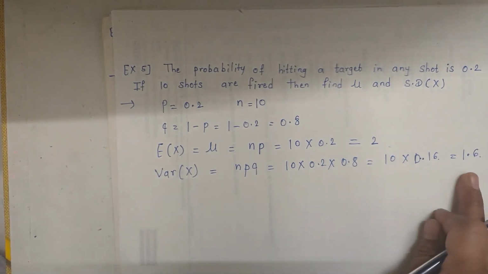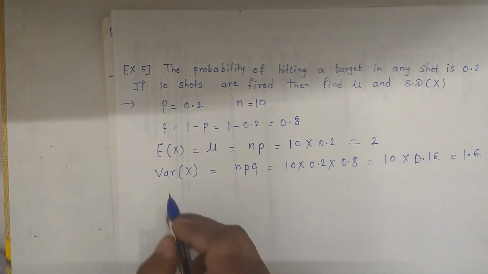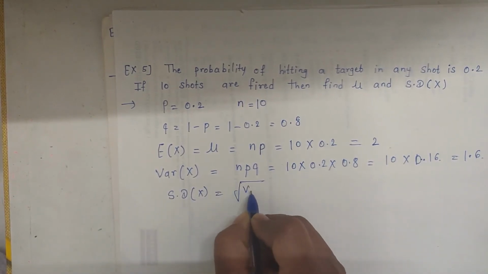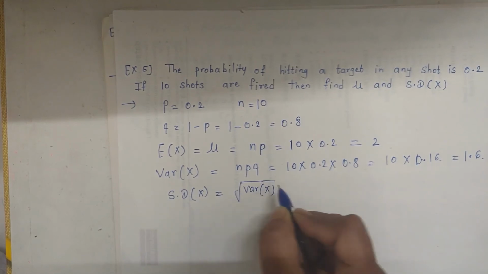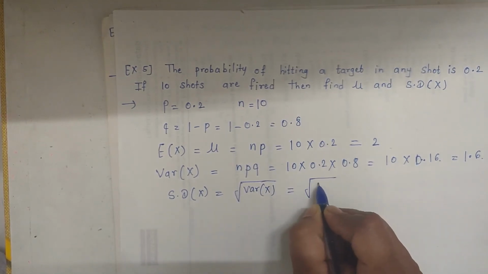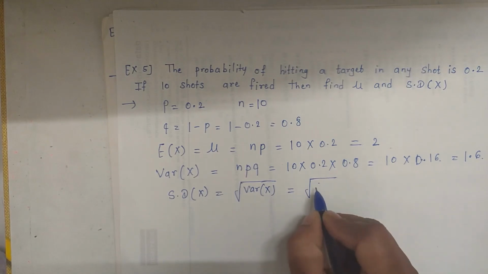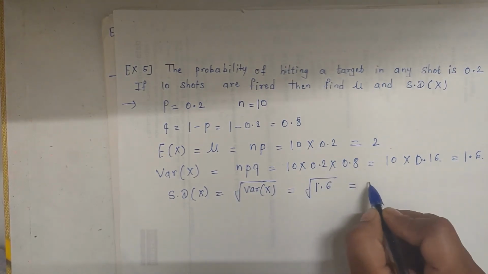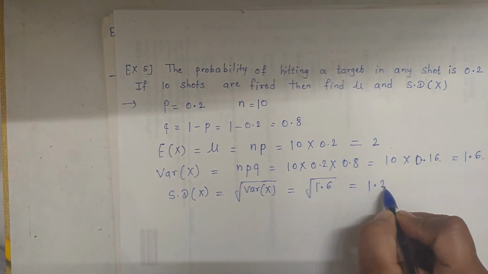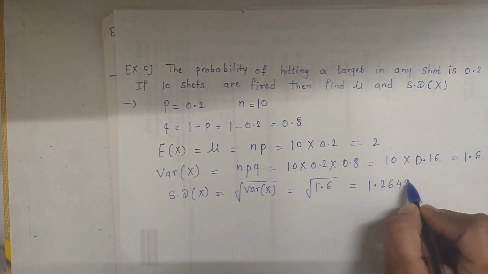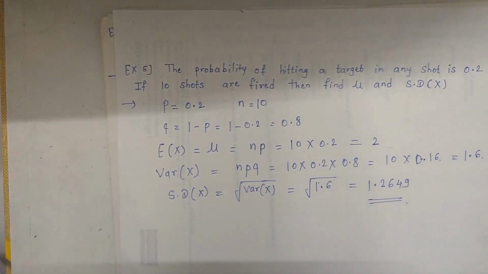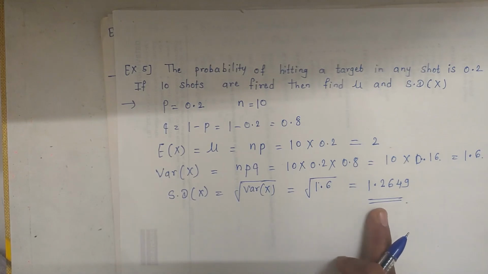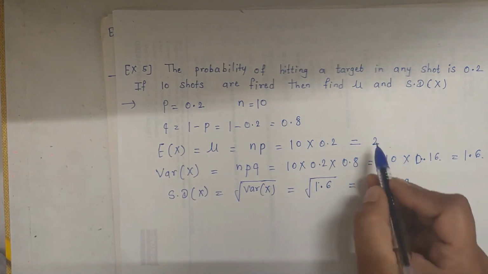So the variance of x is equal to 1.6, and the standard deviation of x is given by the square root of the variance of x. Therefore the square root of 1.6 is 1.2649. Here mu is equal to 2 and the standard deviation of x is equal to 1.2649.